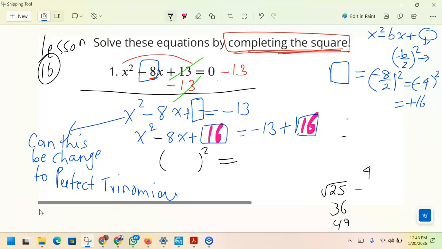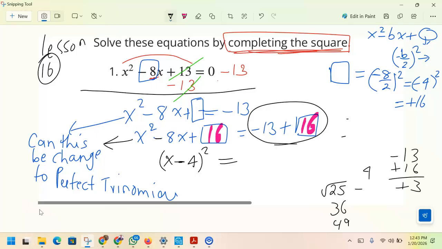So this whole thing, because this is a perfect trinomial, we can write this as x minus 4 the whole square directly. And this turns out to be negative 13 plus 16, which is plus 3. So this is going to be plus 3 here. The difficult part is maybe, how do you get this square of a binomial?